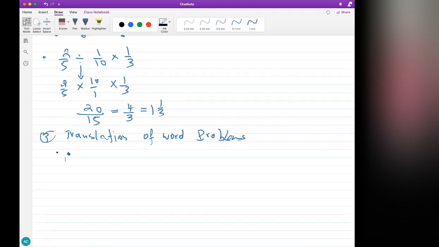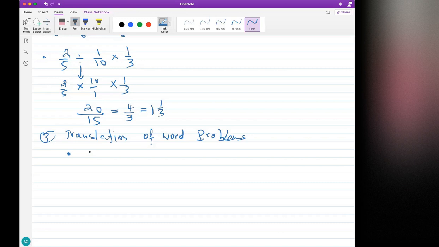As we saw before, last time we talked about the word problem, the expressions can be written in different versions or different ways, but the translation can be the same when we want to solve them.